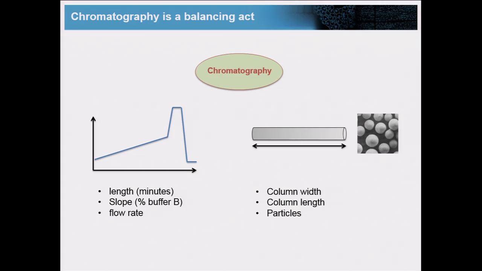When we talk about chromatography, very schematically, we have two parameters that we discuss. One would be everything related to the gradient. How long is the gradient? What's the slope that we're going to use for the gradient? What's going to be the flow rate? Are we going to use nano, micro, etc.? And then the other parameter that we're going to play around with is what column we are going to use. How long is the column going to be? What's going to be the inner diameter?